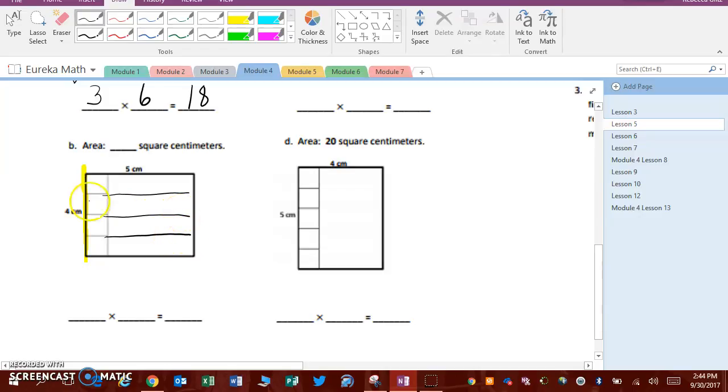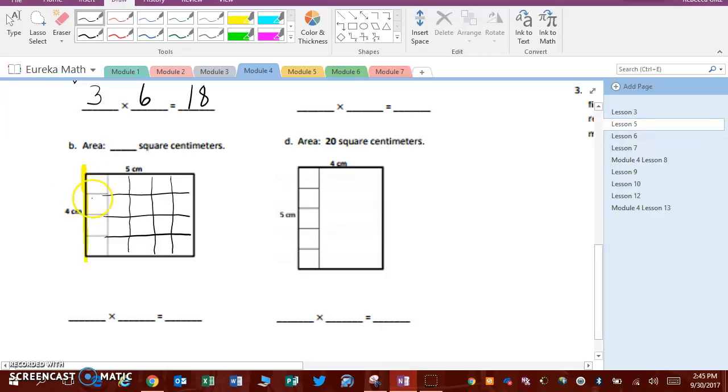Okay? So now we've got our 4 rows. This number tells how many are in each row. So that means we need to start drawing vertical lines until we get 5 in each row. So just like with tape diagrams, that means we only have to have 1, 2, 3, 4 lines. One less line than we have squares. Okay?